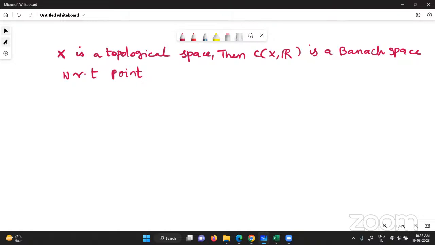And we have seen in the last class that f plus g is continuous and alpha f is also continuous. So C(X,R) is a Banach space with respect to point-wise addition and scalar multiplication.